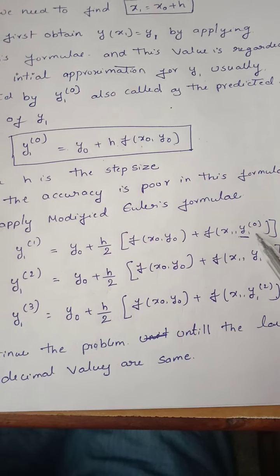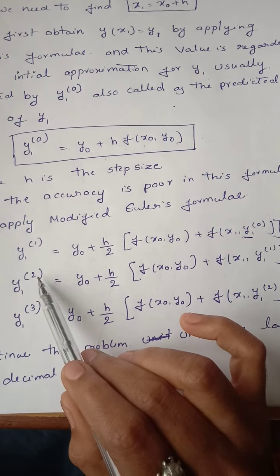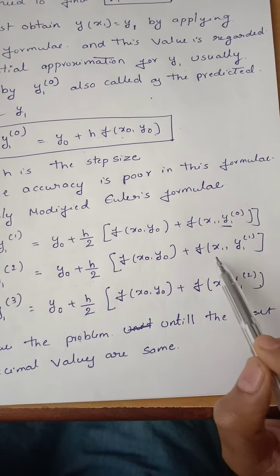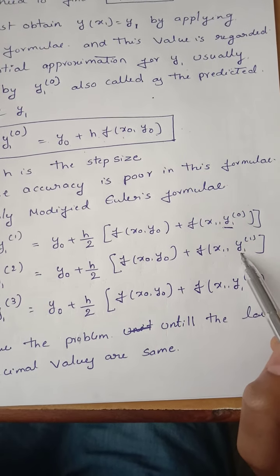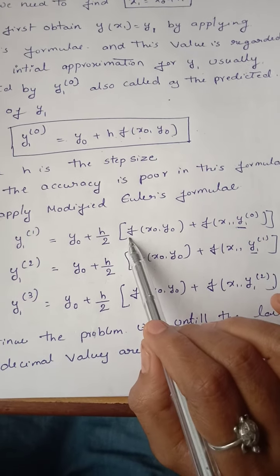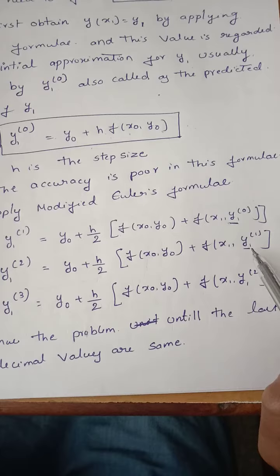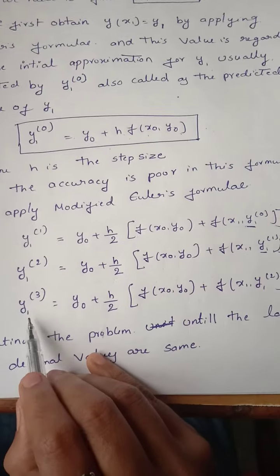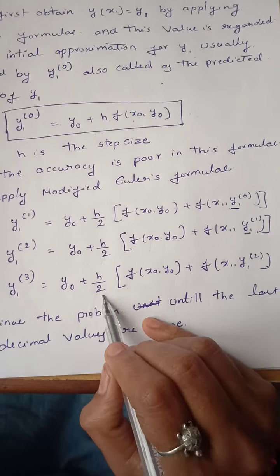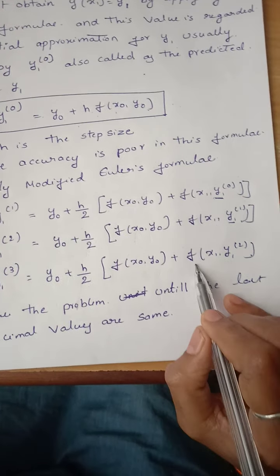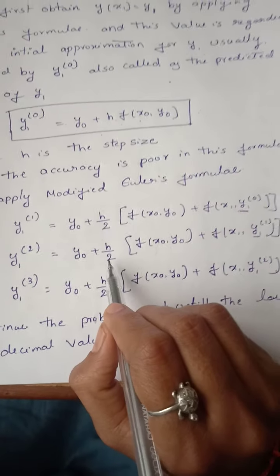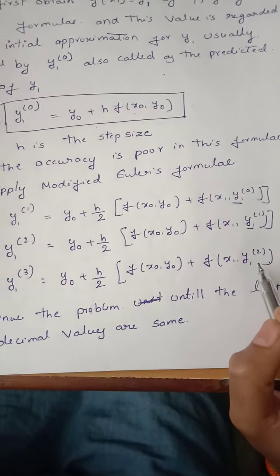Again, y1 of 2 is y0 plus h by 2 f of x0 y0 plus f of x1 comma y1 of 1. So the previous value that we found, we have to substitute here. And next y1 of 3, that is y0 plus h by 2 f of x0 y0 plus f of x1 comma y1 of 2. The previous value we have to use here.